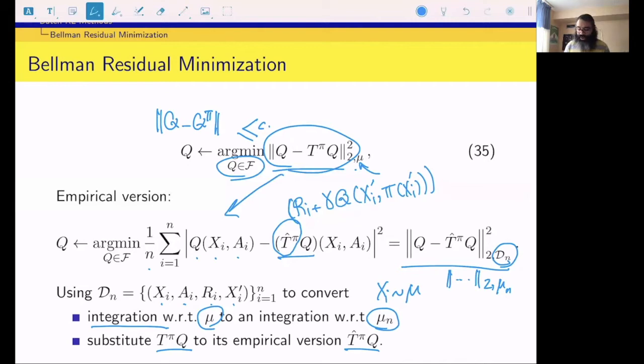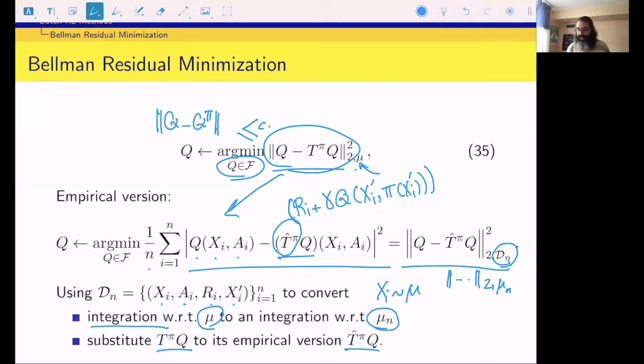So now you have a Q and you're parameterizing Q in some way using your neural network, your linear function approximator or whatever. And then you have this loss function, and then you can try to minimize it. So this is not very difficult. Essentially Q has some parameters, maybe W, say the parameters of a neural network.